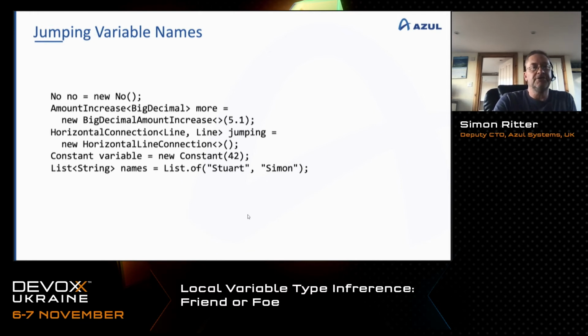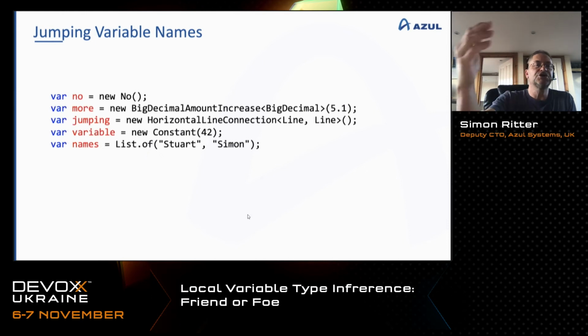I've got amount increase BigDecimal, I've got horizontal connection, line of line, I've got constant variable, I've got a list of string. If I use var, then again, I can get a much simpler way of formatting my code, and I simply see, okay, no more jumping variable names, everything's lined up, and it's much easier to see what's going on. Another simple example of where var makes some sense.